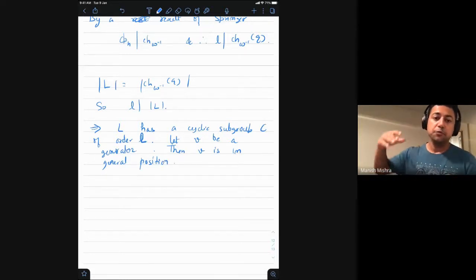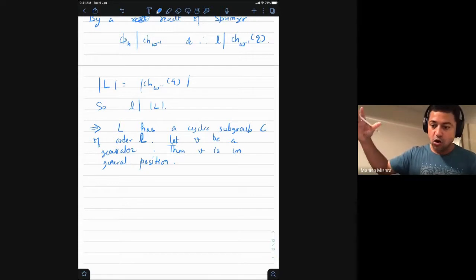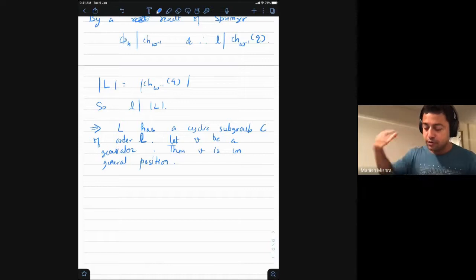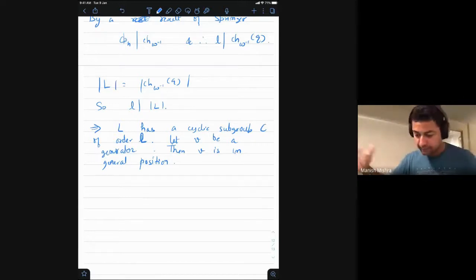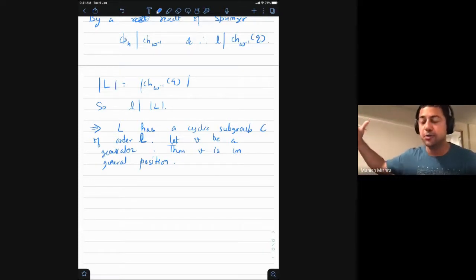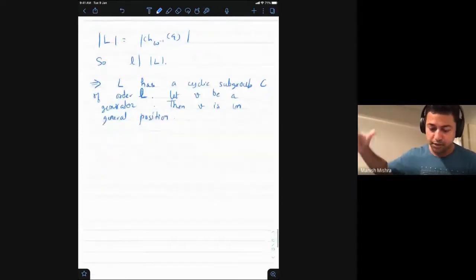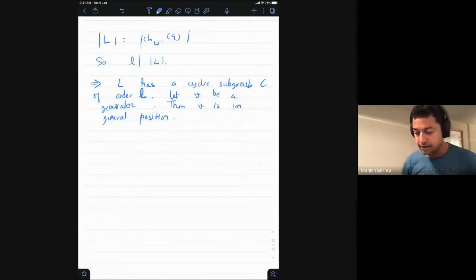Because v has order L, so all the smaller multiples are distinct. And so v, qv, q squared v, up to q to the power h minus 1 times v, are therefore distinct because v has order L and q has order h mod L. So none of the coefficients q to the power i and q to the power j are the same if they are less than h. In this way you produce a character in general position.